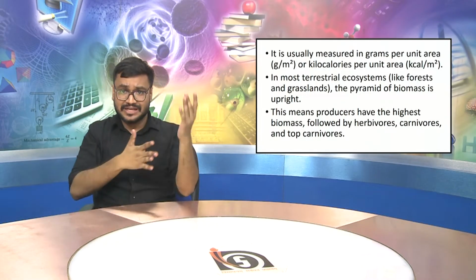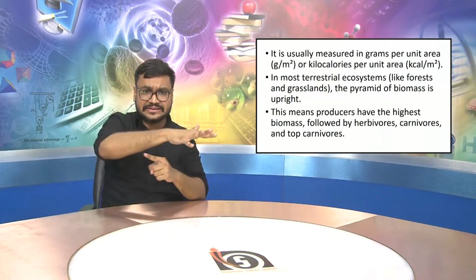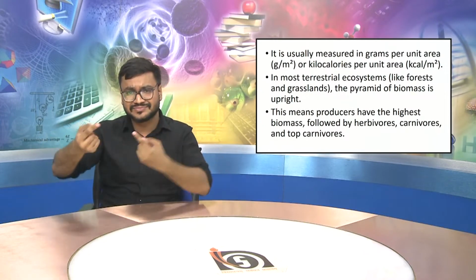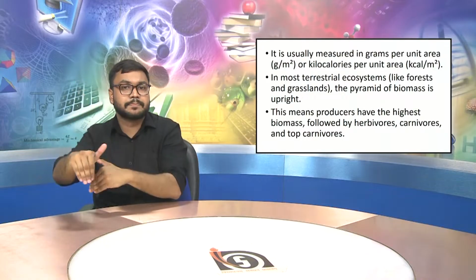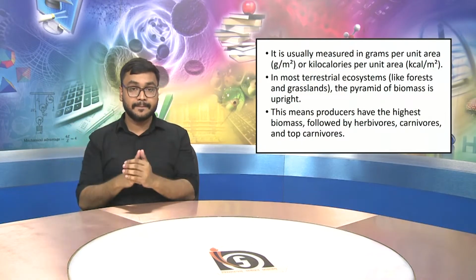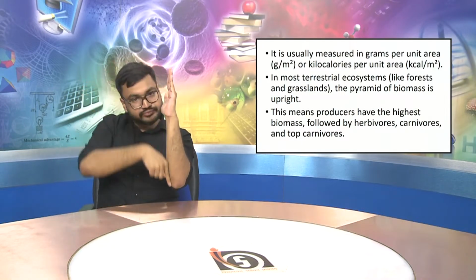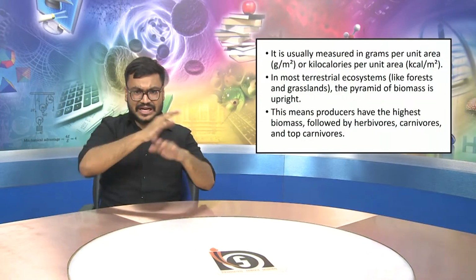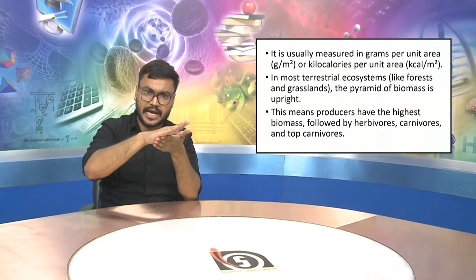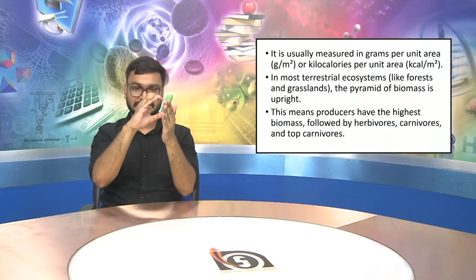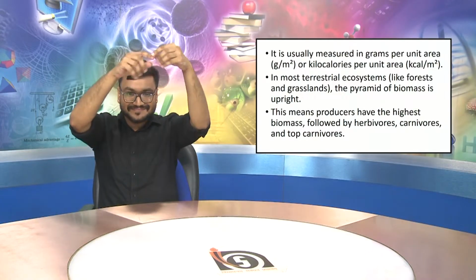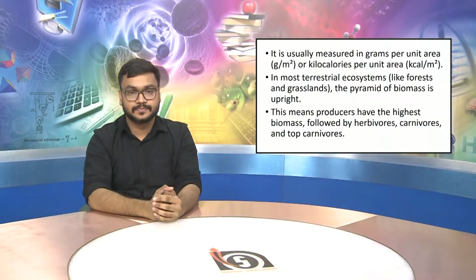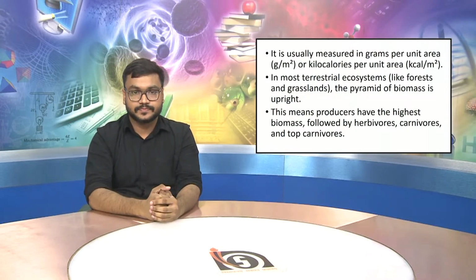In most terrestrial ecosystems like forest and grasslands, the pyramid of biomass is upright. This means producers have the highest biomass, followed by herbivorous, carnivorous and top carnivorous.